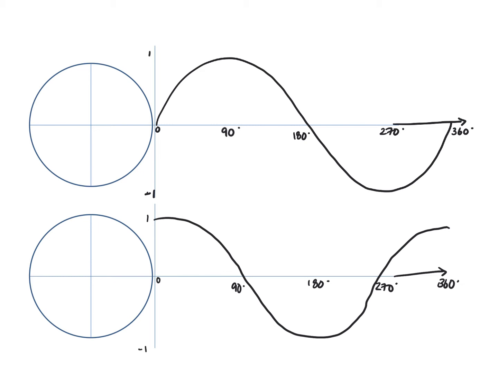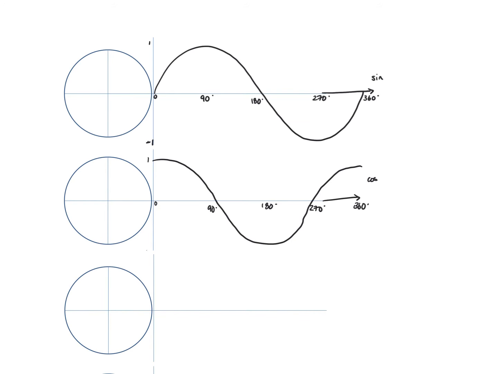And then we also have our tan graph as well, which we're going to come to in a second. So for these graphs, for sine and cos, and now we have the tan graph. Forgive my drawing, it's not always the best.